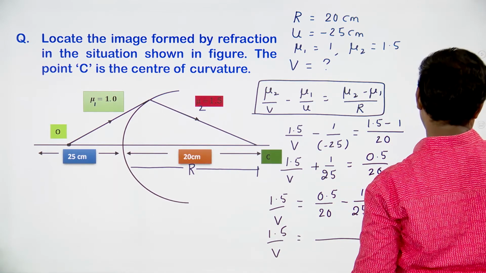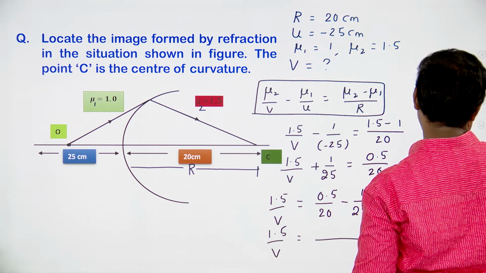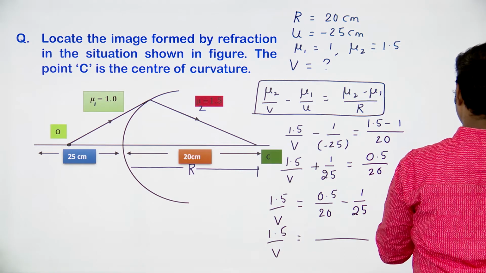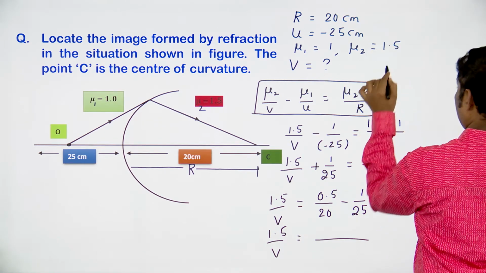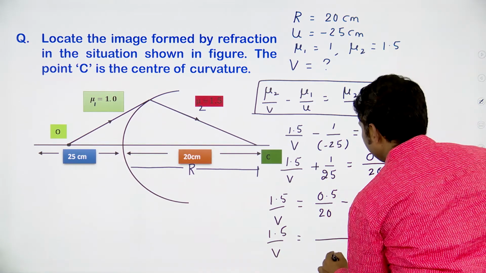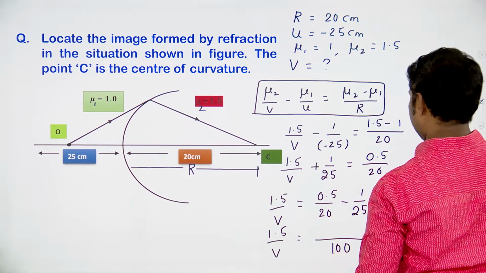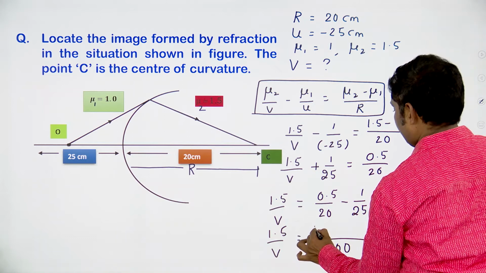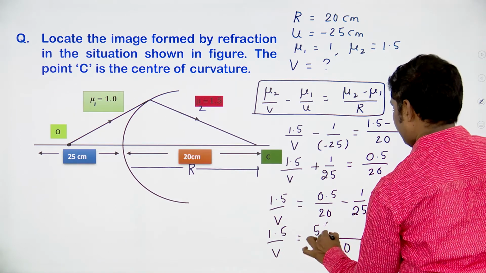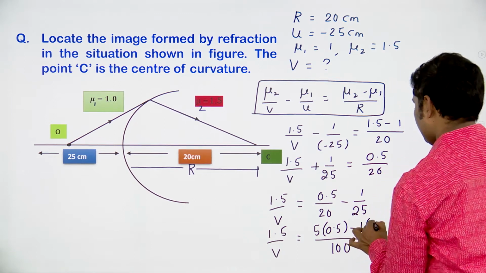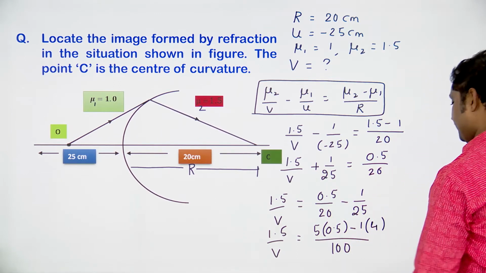Just you will get that, that's going to be 100. Okay, you will get that 5 into 0.5 minus 1 into 4. It's very clear.